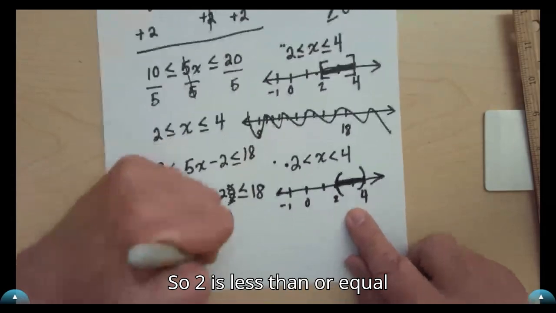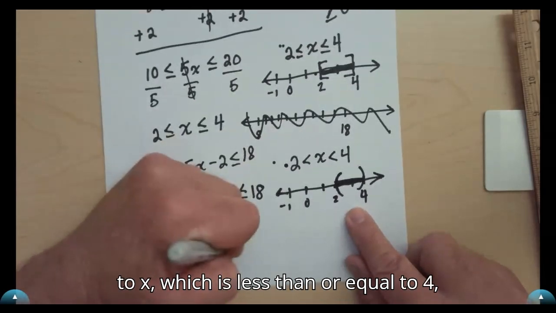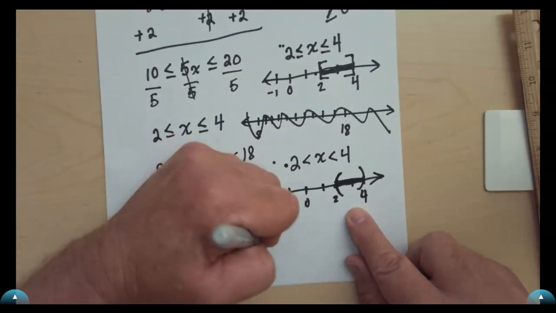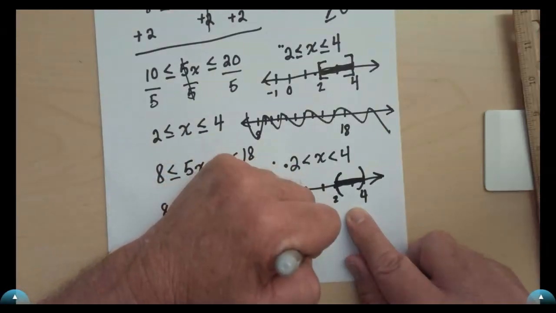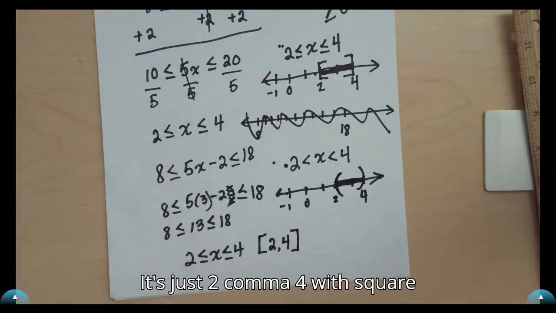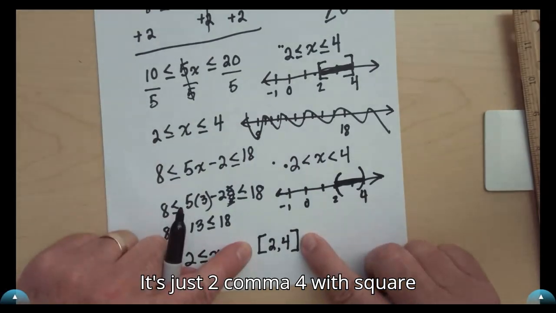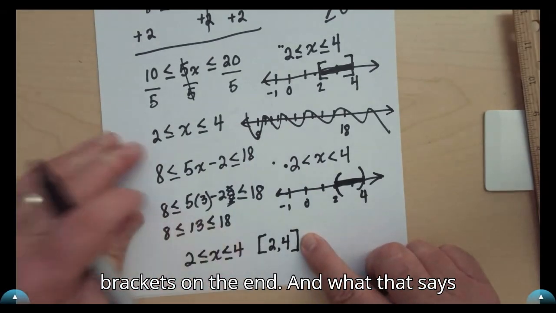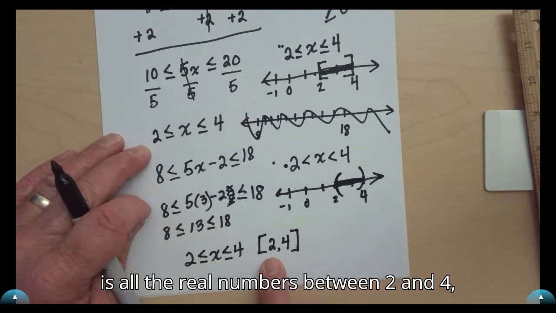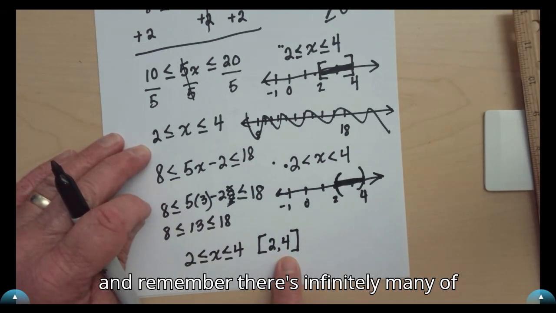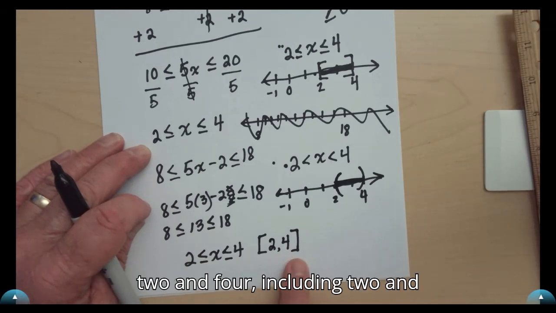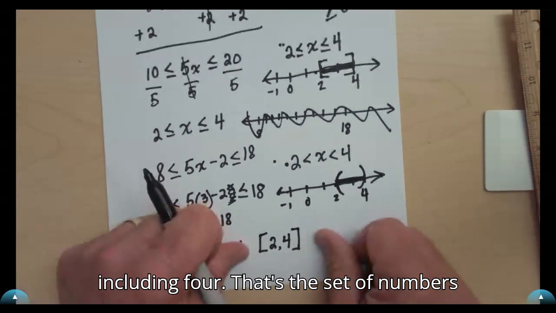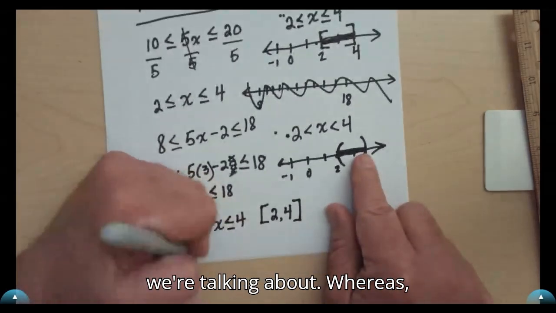So 2 is less than or equal to x, which is less than or equal to 4. Here's how you write it in interval notation. It's just 2 comma 4 with square brackets on the ends. And what that says is all the real numbers between 2 and 4, and remember there's infinitely many of those, all the real numbers between 2 and 4, including 2 and including 4. That's the set of numbers we're talking about.